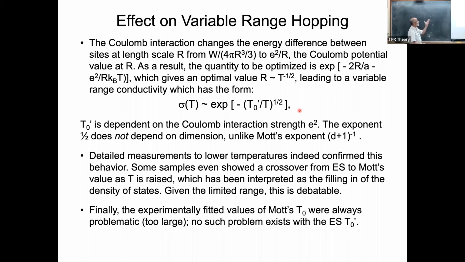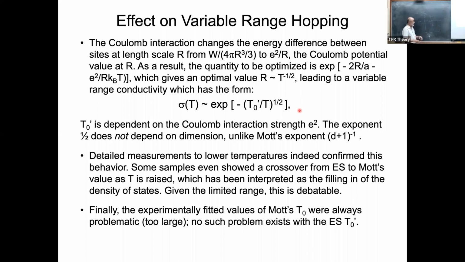They said that instead of the nearest, the question was, if you make a hop at a distance r, what's the typical energy difference? The answer used to be the typical disorder energy divided by the number of sites, so W divided by 4 pi n r cubed, which should be the density of sites, which I missed in that slide.